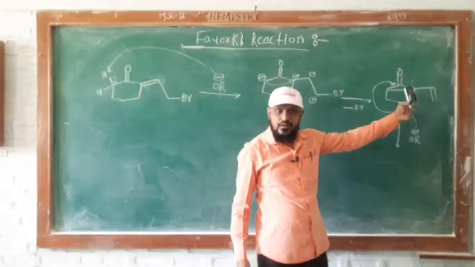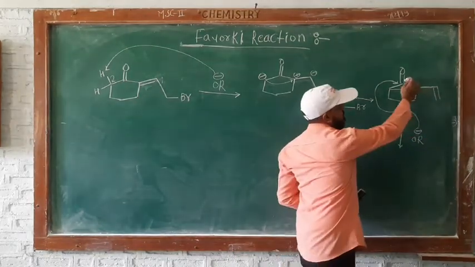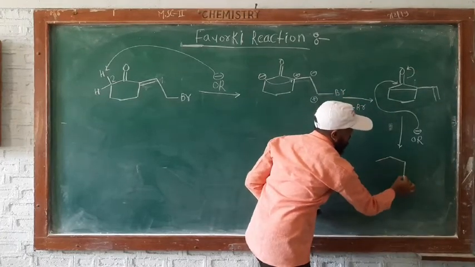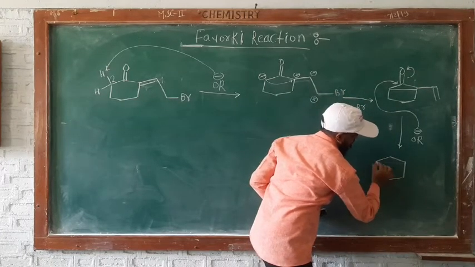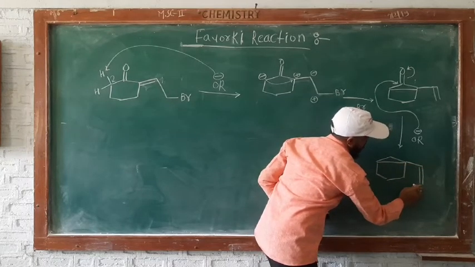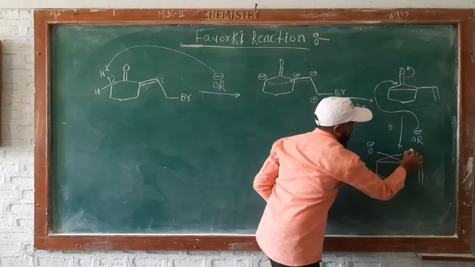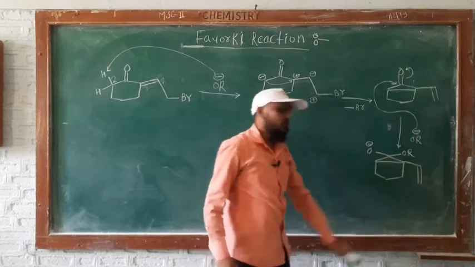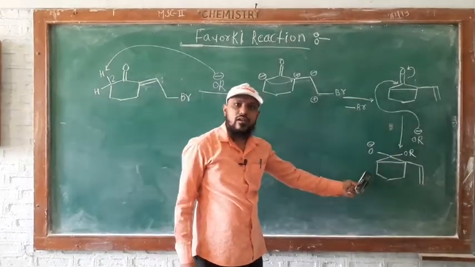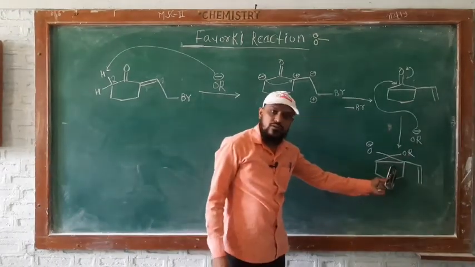By the attack of the nucleophile OR negative, this pi bond shifts toward the oxygen, and oxygen contains a negative charge. Here this carbon is bonded with this alkoxide group, so we will get this type of intermediate product.